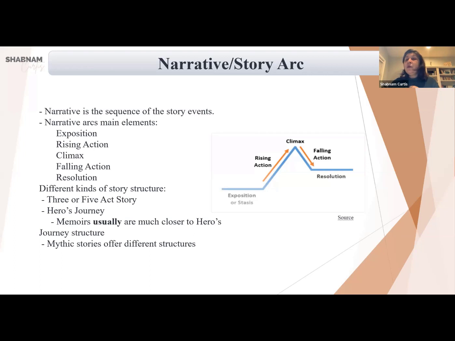The narrative or the story arc, you usually hear it interchangeably. That's basically when you know the sequence of your story. If you have those milestones and outlines, you know the original, chronological sequence of your story.